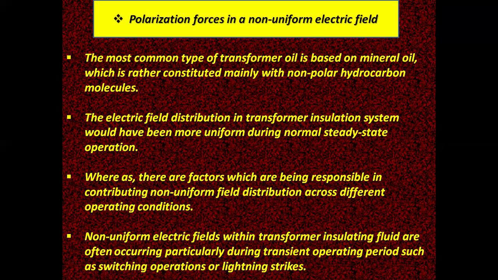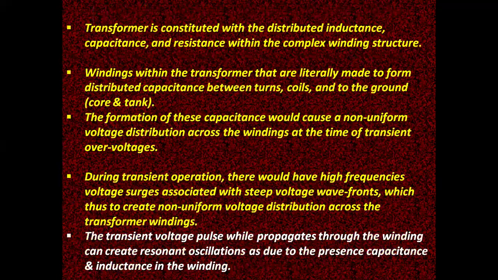Non-uniform electric fields within transformer insulating fluid often occur, particularly during transient operating periods such as switching operations or lightning strikes. A transformer is constituted with distributed inductance, capacitance, and resistance within the complex winding structure.